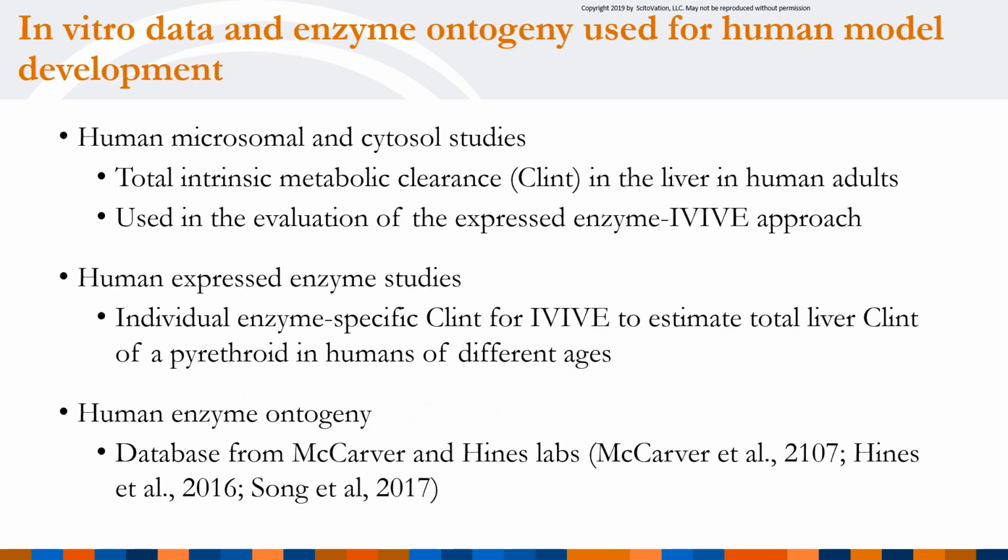We also used in vitro data, like I said, and enzyme ontogeny for the human model development. We had human microsomal and cytosol studies to calculate the total intrinsic metabolic clearance in the liver. We had human expressed enzymes to derive the intrinsic clearance at different ages, and human enzyme ontogeny.